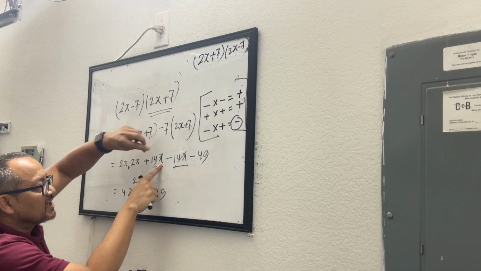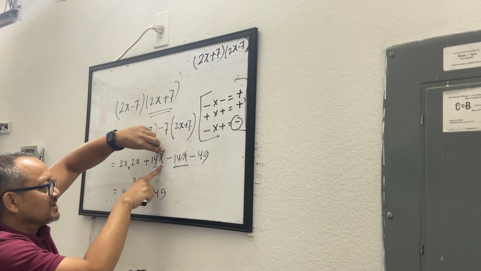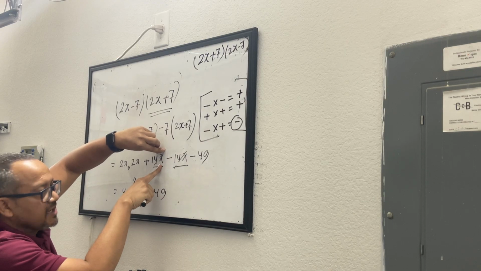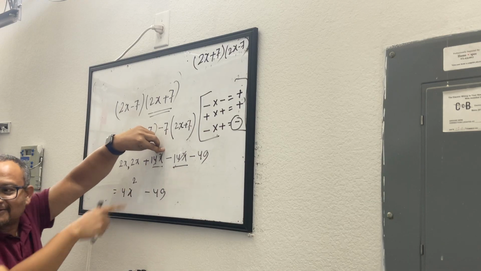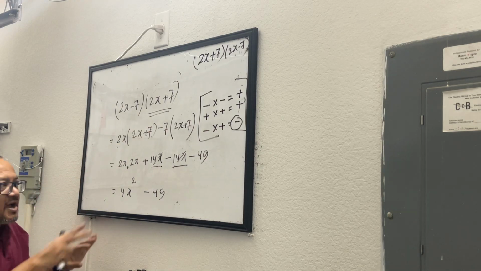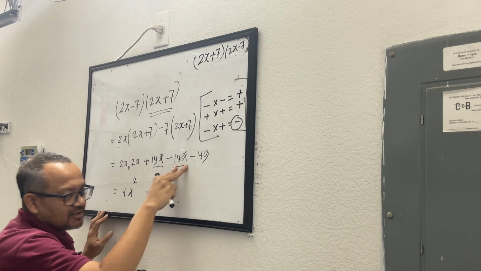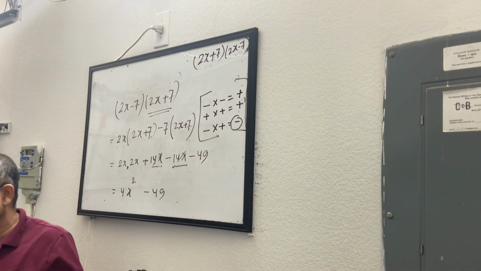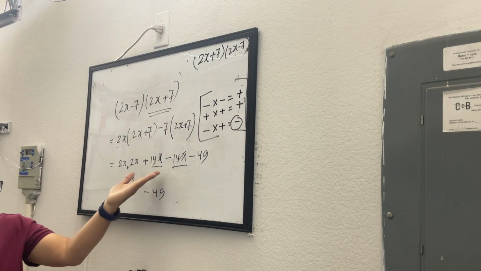Here you have x, here you have x. Let's say x is apples. 14 apples plus 14 apples minus. What will be our result? 0 apples. So that's why we cancelled it out.